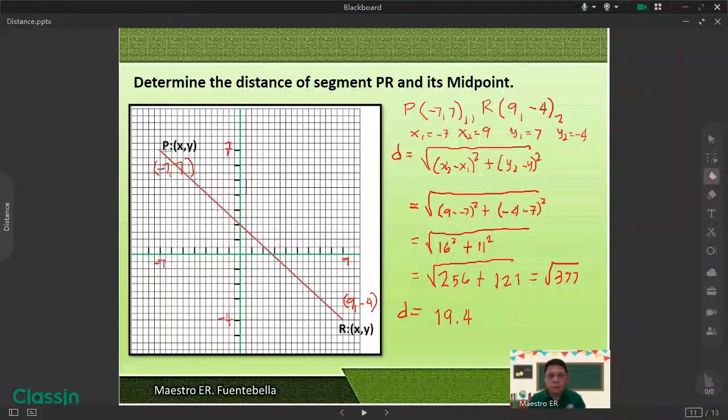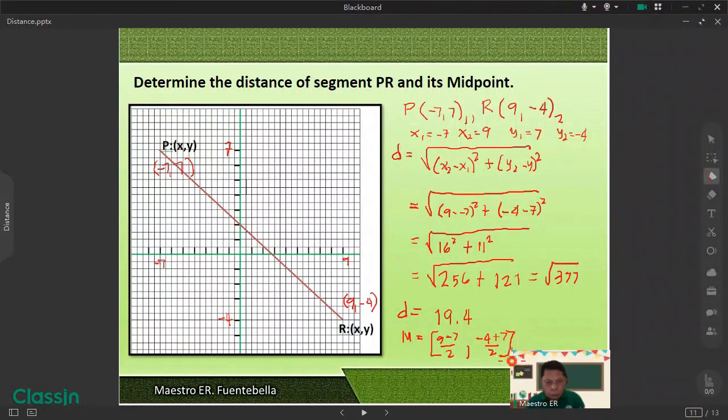Okay. So how about the midpoint? The midpoint now is equal to x sub 2 is 9 plus x sub 1 is negative 7, over 2, and y sub 2 is negative 4 plus 7 over 2.